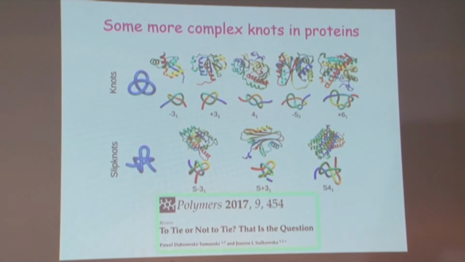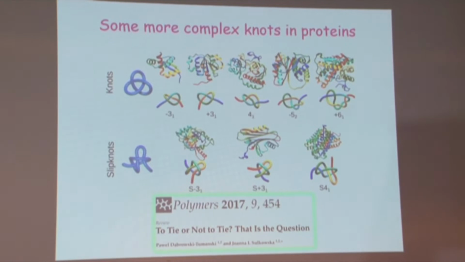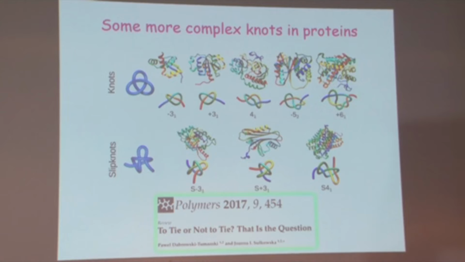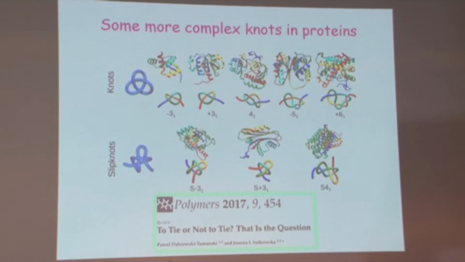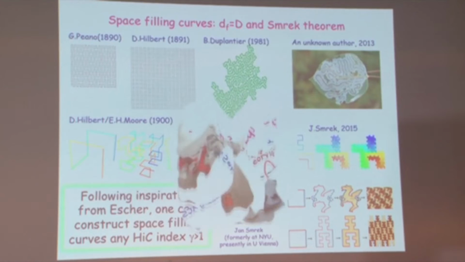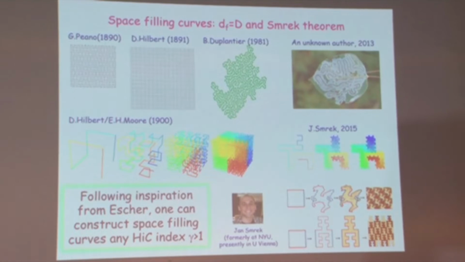These objects here are not knots, because if you pull the ends, they go away. But they are interesting slip knots. And the question whether slip knots exist or do not exist in chromatin is a super interesting question, I think. Because these slip knots can form interesting structures in some polymers and so on.